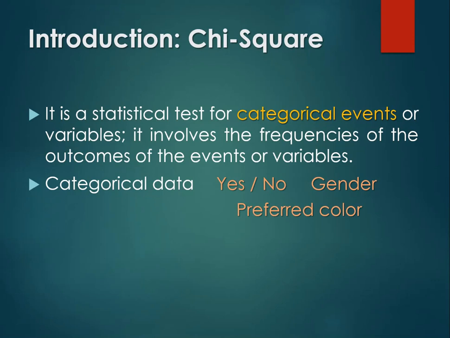So the value is very distinct. For example, color can be red, can be purple, and so on. Categorical data is the opposite of continuous data. For example, the temperature, the stock price, and so on.